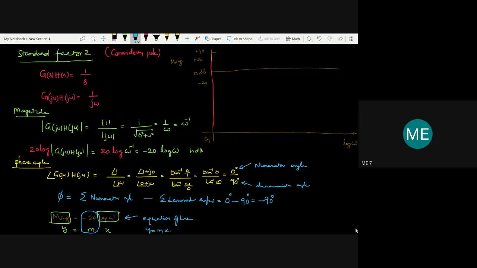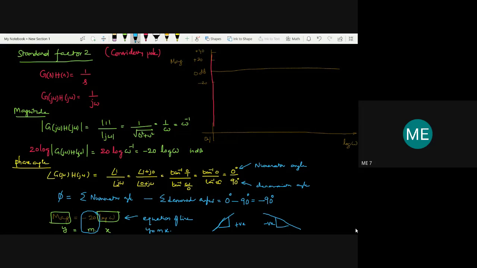If the line is in an increasing trend, the slope of the line will be taken as positive. If the line is in a decreasing trend, the slope will be taken as negative. So this is a negative slope.